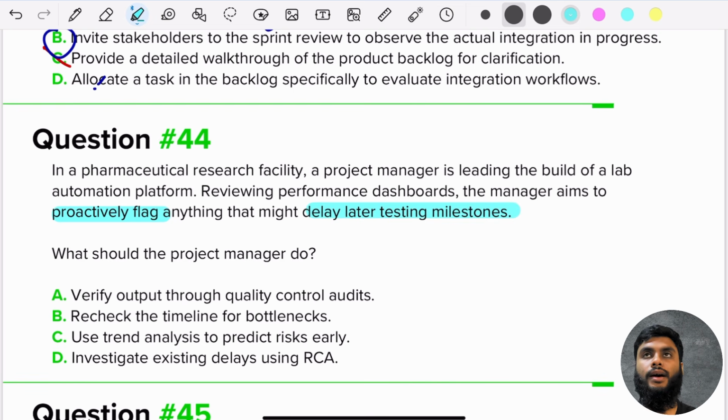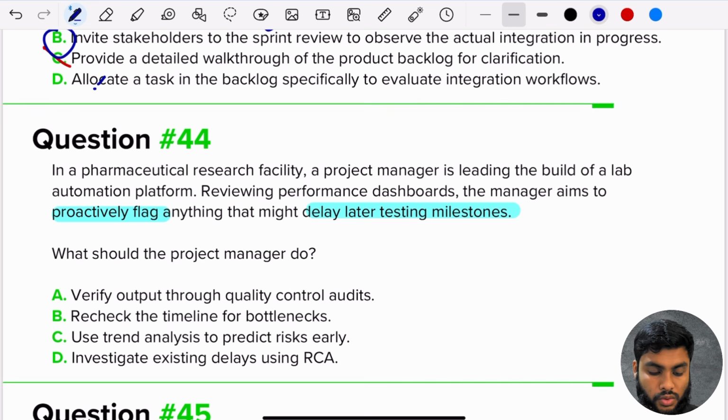We want to basically catch potential delays before they even become a problem. That's our problem statement. A, verify output through quality and control audits. That's not going to really tell us if there's a delay coming along that we need to consider. B, recheck the timeline for bottlenecks. Okay. All right. C, use trend analysis to predict risks early.